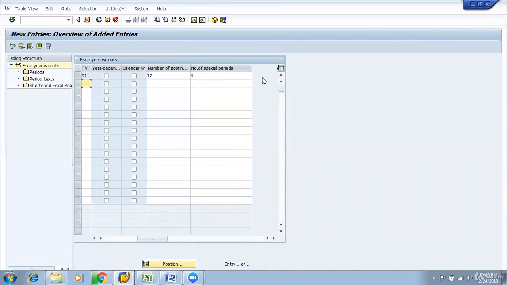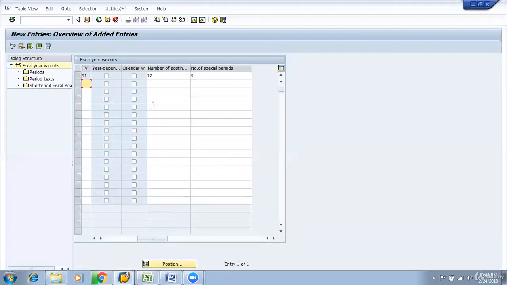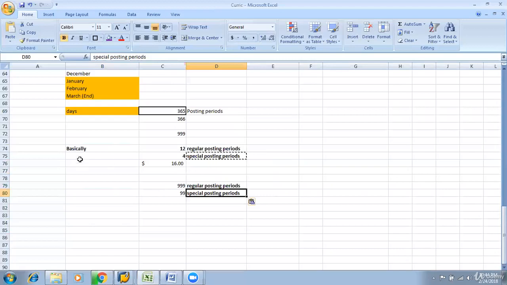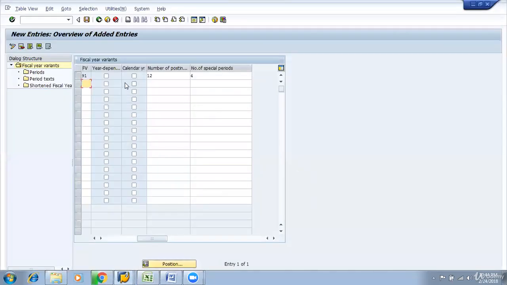I set it. Clear till here? So moving forward, let me repeat this. Basically, the maximum number of posting periods you can maintain is 12 regular posting periods and 4 special posting periods, total 16 posting periods. But the system accepts 999 and 999. Okay, this should amaze your interviewer.